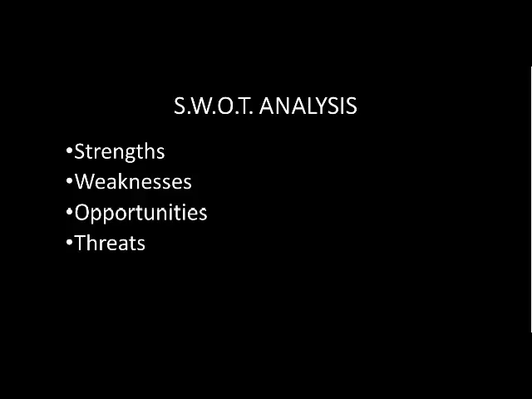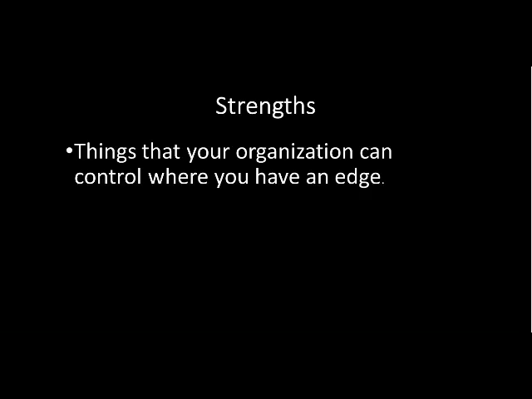So once you've got that data put together, you'll want to create what's called a SWOT analysis. That's your strengths, weaknesses, opportunities, and threats. Now your strengths are things that your company can control.